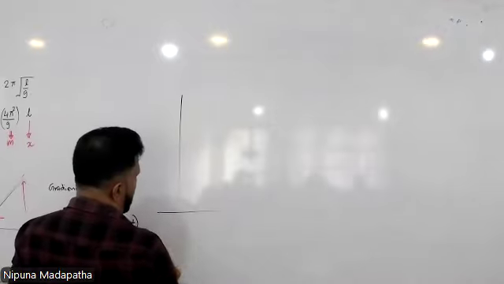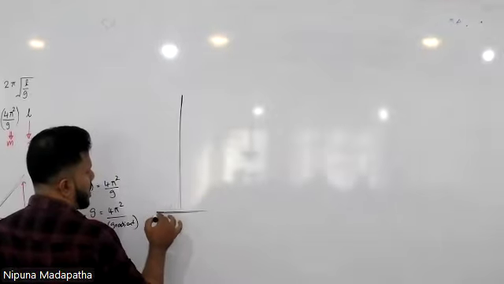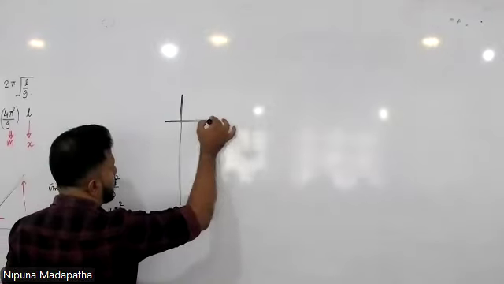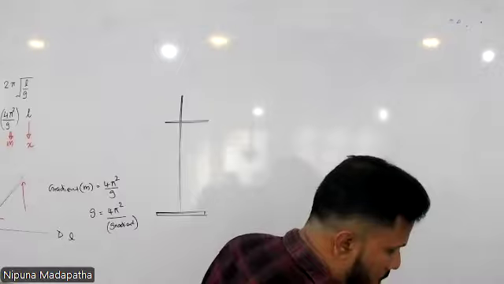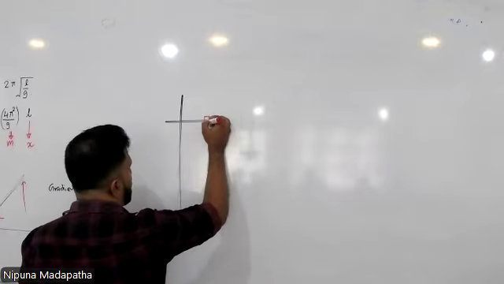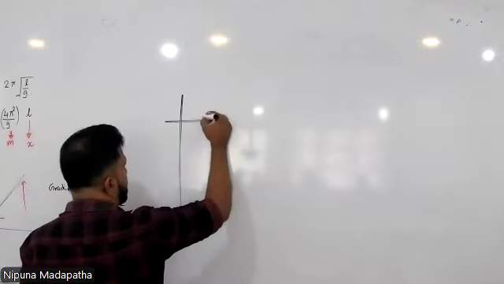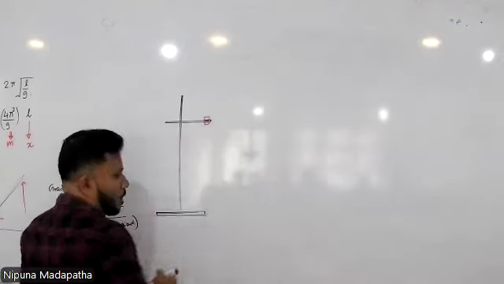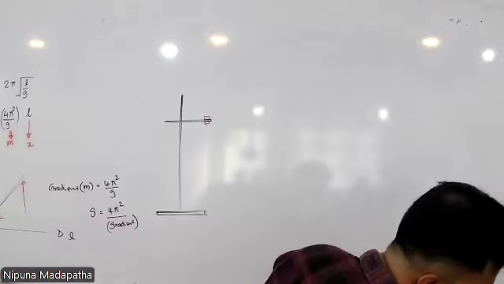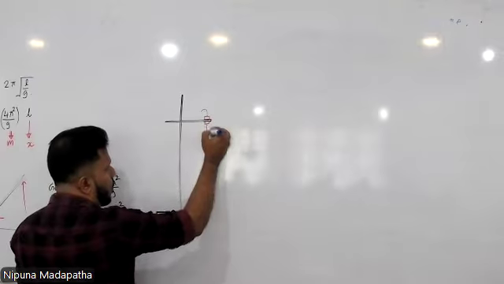Make the experimental setup. Look at this. This is the stand. This is the cork that is cut vertically. Right? So you need to suspend the pendulum like this.